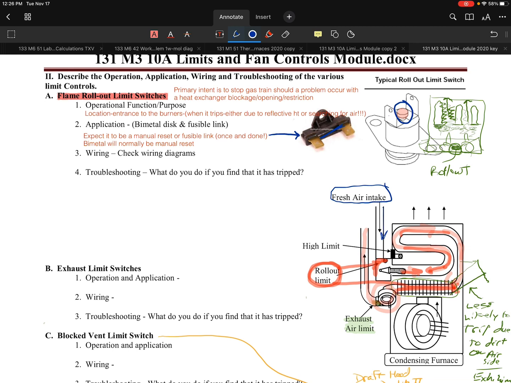If anything prevents those products of combustion from leaving, whether it's an opening in the heat exchanger, a blockage or a restriction, there is only one device that would prevent this unit from continuing to fire, and that is indeed the rollout limit. You might say, how in the world would that do that? A pressure switch will not, and it will never. The pressure switches typically will not pick this up.